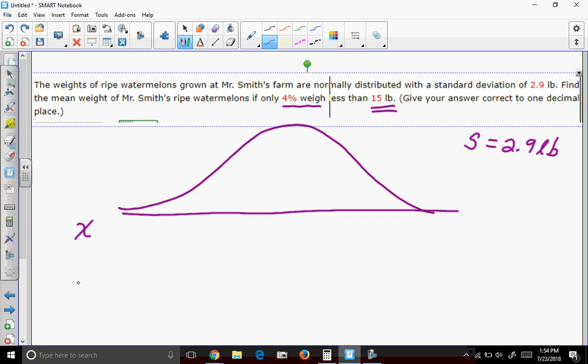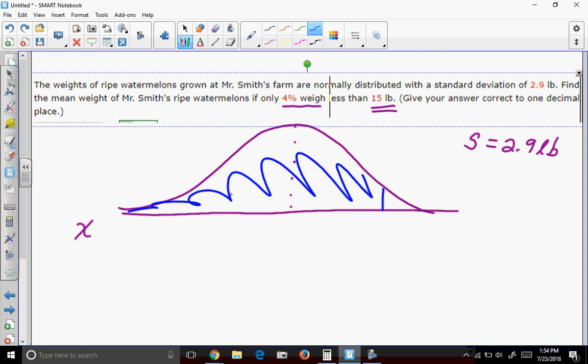So those are X values. We know that the mean is right here. We don't know what that mean is. But we know that 4% are less than 15 pounds. So we have to think about, well, where would 15 pounds occur? If we put 15 pounds over here, then less than that, that's over half.